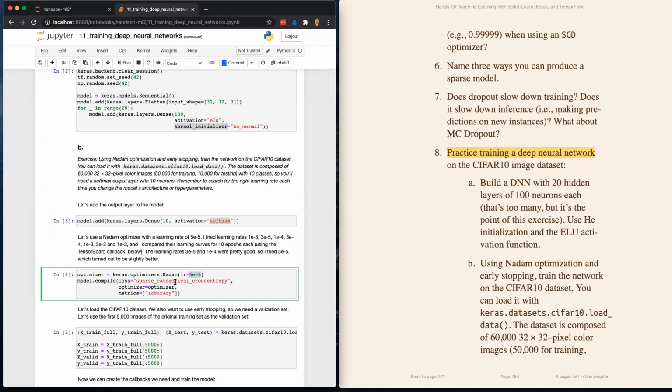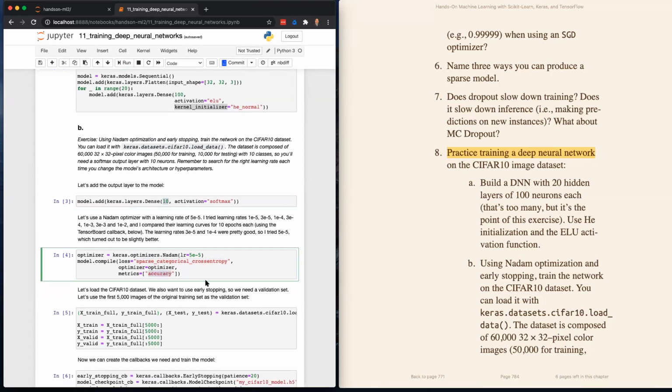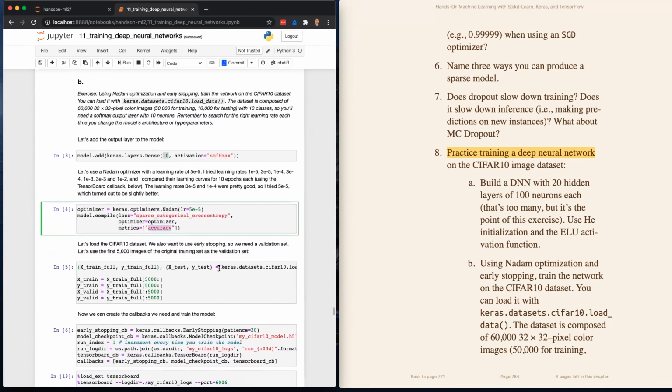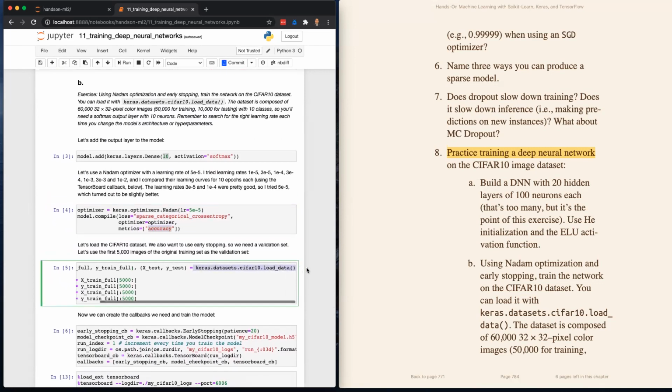And the loss function is going to be sparse categorical cross entropy. As we discussed last time, when you have more than 2 classes, we use this categorical function. And we're looking at the accuracy as the metric in the end. Through Keras, we have the CIFAR-10 data.